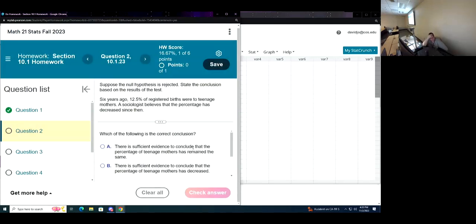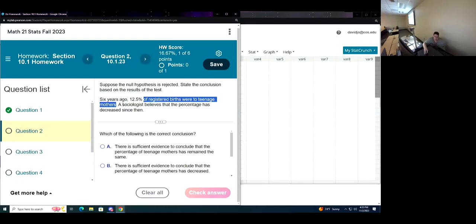It says, suppose the null hypothesis is rejected. This is question number 2. State the conclusion based on the results of the test. So if the null hypothesis is rejected, we're supporting the alternate hypothesis. It says 6 years ago, 12.5% of registered births were to teenage mothers. A sociologist believes that the percentage has decreased since then. The 12.5% is H0, the null hypothesis.